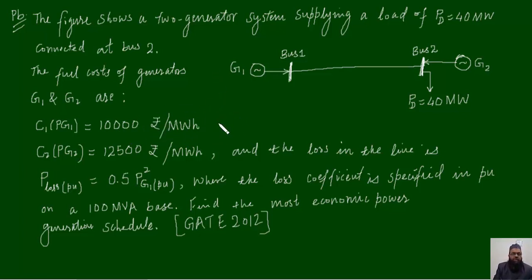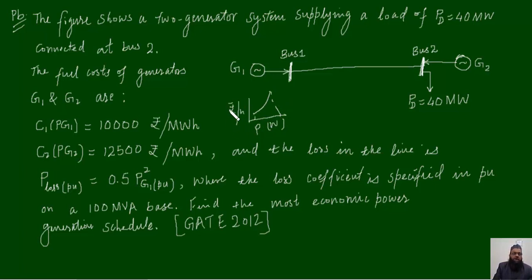We have seen in our first lecture where we plotted the fuel cost in rupees per hour versus power generation on the x-axis, with PG min and PG max.